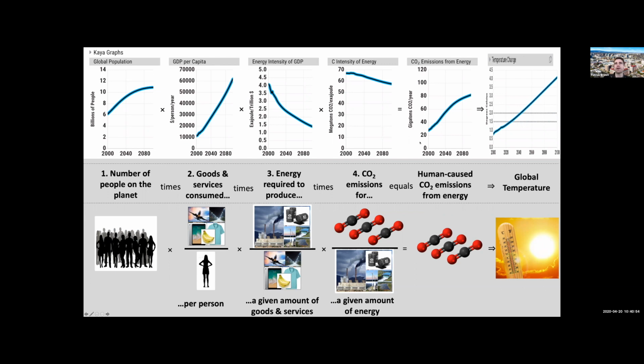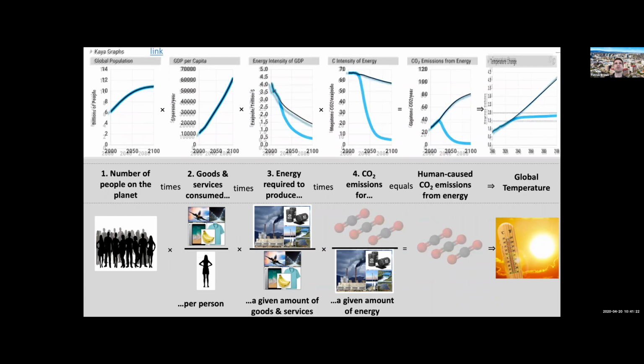And in order to do that, really our best bet, so I'll give you a link to this scenario, but whenever we come up with some scenario in En-ROADS where we're doing a bunch of levers and we're getting to temperature stabilizing at somewhere around 2 degrees Celsius, what you're going to see is mostly this coming from a reduction in the carbon intensity of energy. So here's an example, and there'll be a link here that you can click on. And in this case, I'm stabilizing global temperatures below 2 degrees Celsius over here.